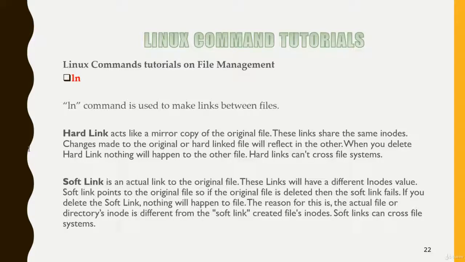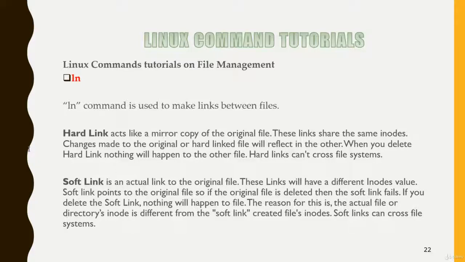Soft link is an actual link to the original file. If you compare it with Windows, it is just like a shortcut. Suppose we have some important file at the D drive, some movie of 2 GB, and I want to put a shortcut at the desktop. So I can simply right click and create a shortcut at the desktop.